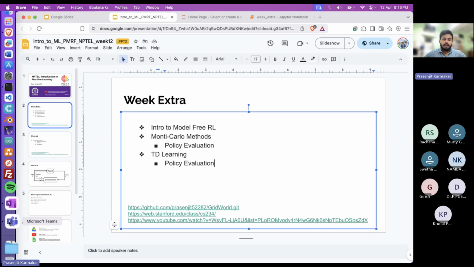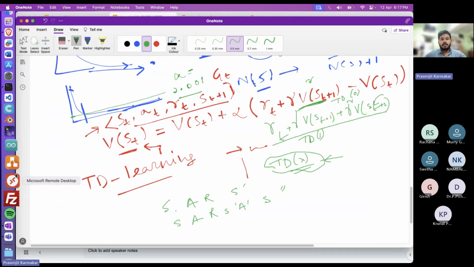Then later on, we started with a zero value and a random policy, then improved our value with the Q function, and then based on that, improved our policy. And this loop continues until your previous value and the current value are bounded by some epsilon, right? So basically our value function has converged.